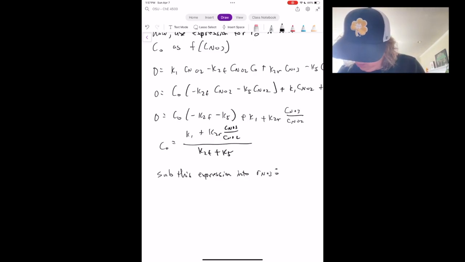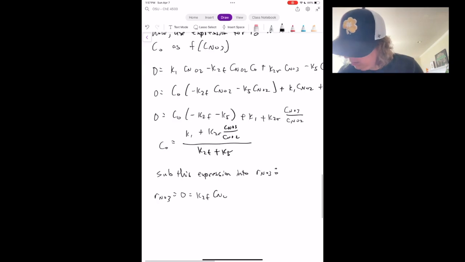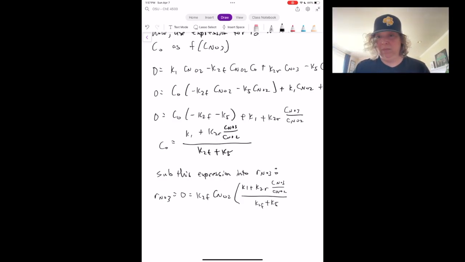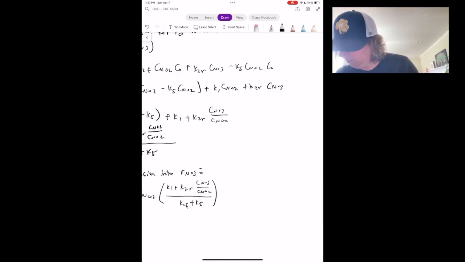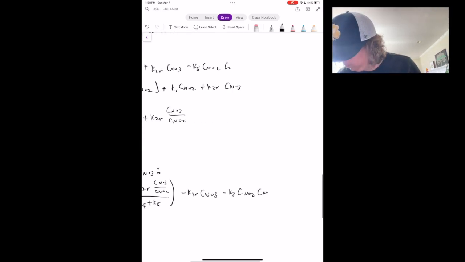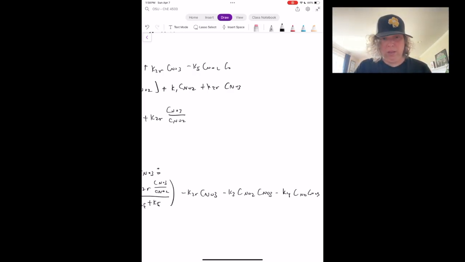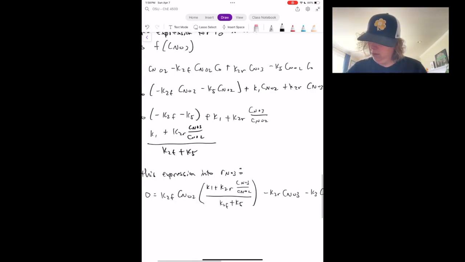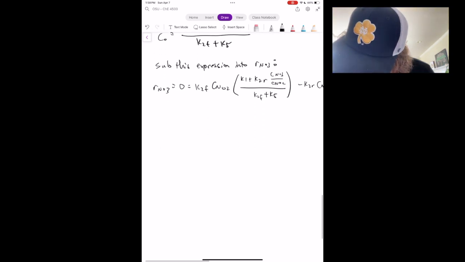So then RNO3 equals 0 equals K2F... And then I can use this to solve for CNO3.